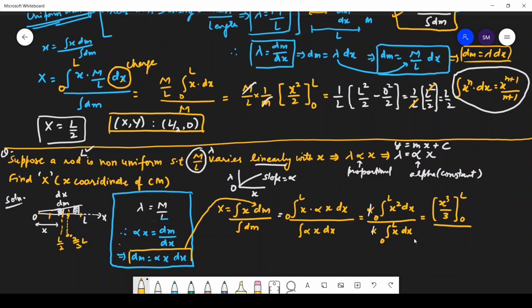So this comes out to be, like we have done this integration, so this is the same integration here. So you are going to get the same value, L by 2 at the bottom, right? So the same steps you are going to repeat here. So in the integration, x here has power 1, so increase the power by 1 and divide by that power.